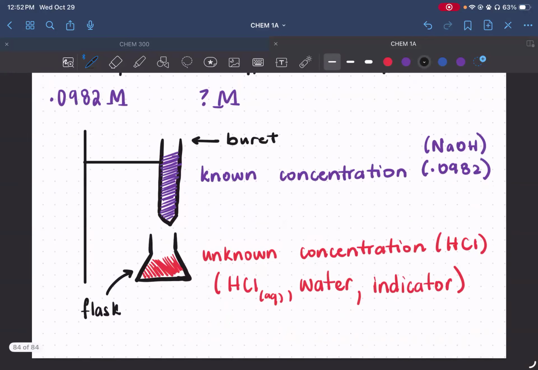The one you will be using today is known as phenolphthalein. It does not participate in the reaction. It does not contribute electrons or anything else. It is simply an indicator that changes color.